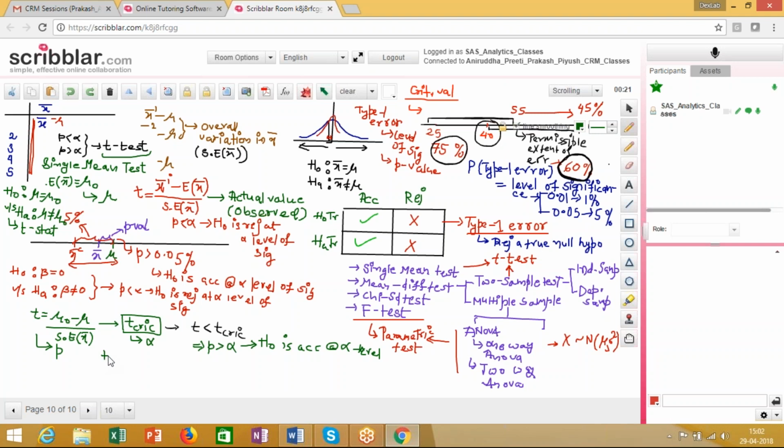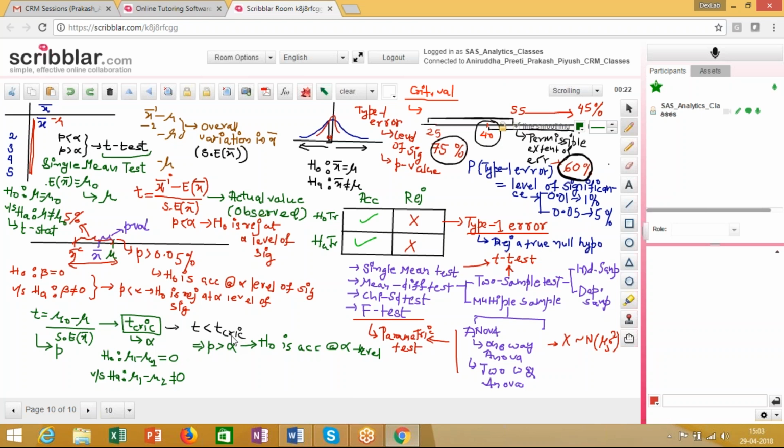It states that H0: mu1 minus mu2 is equal to 0, versus the alternate hypothesis: mu1 minus mu2 is not equal to 0. So this is what my testing conjecture is.